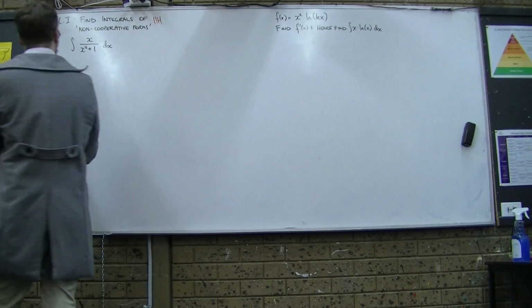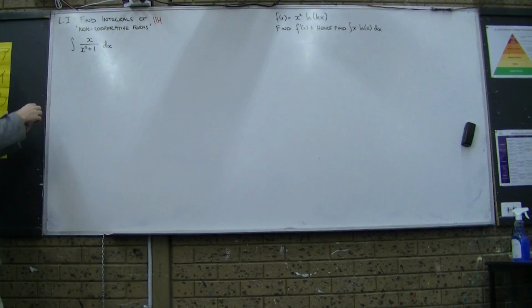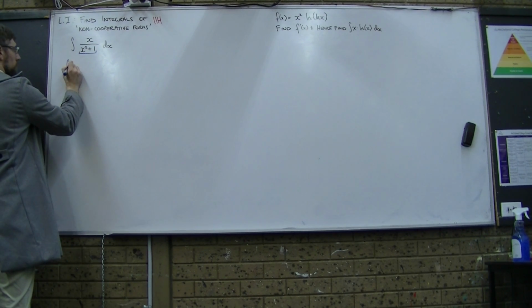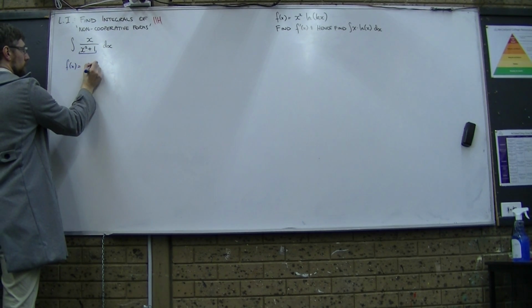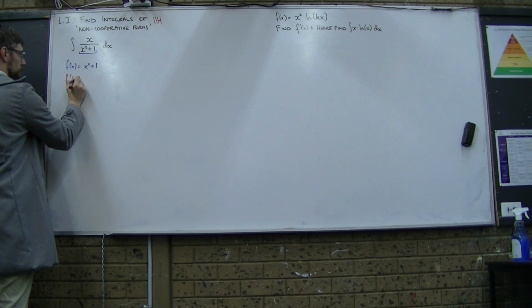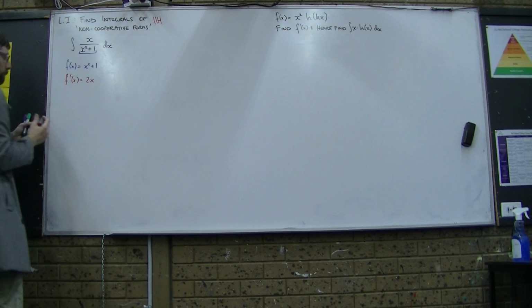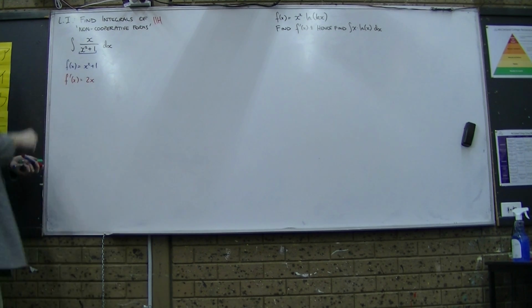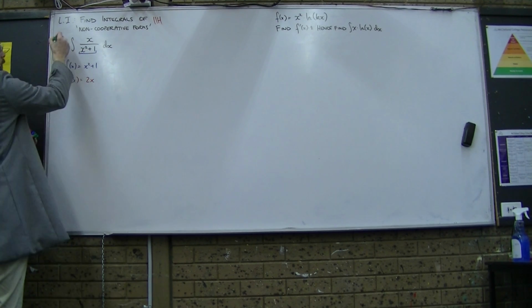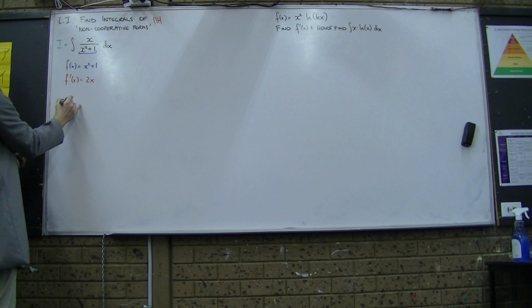So, I'm going to call this bottom bit f of x. If I derive that, I get 2x. Well, that's pretty similar to this top guy. Is it exactly the same? No, but that's fine. So I'll call this I for integral.